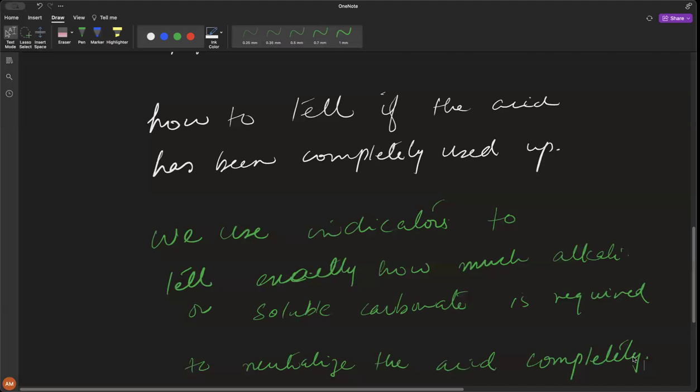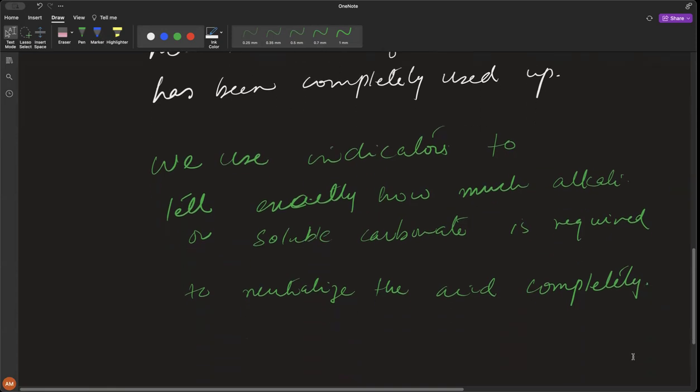It means that we are going to be using three things: an acid, an alkali, and an indicator. These indicators change color. Once there is a change in color, we'll get to know that there is no more acid remaining. The acid has been used up, all of it. All right.